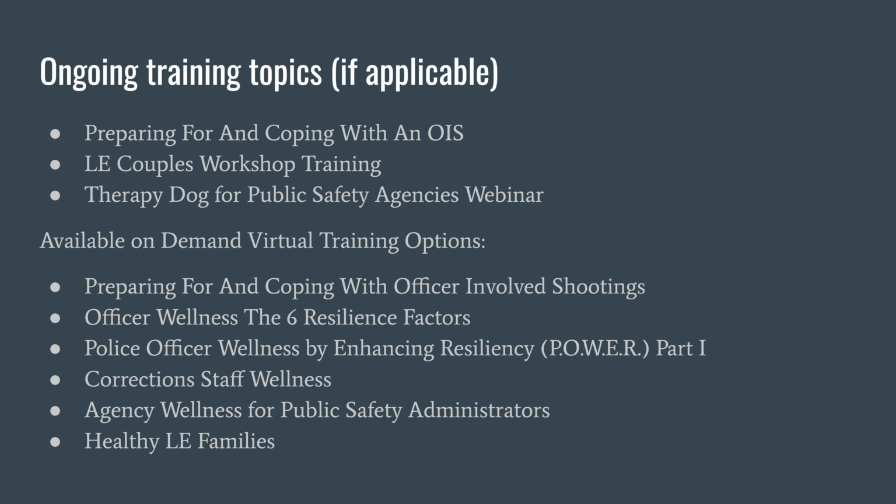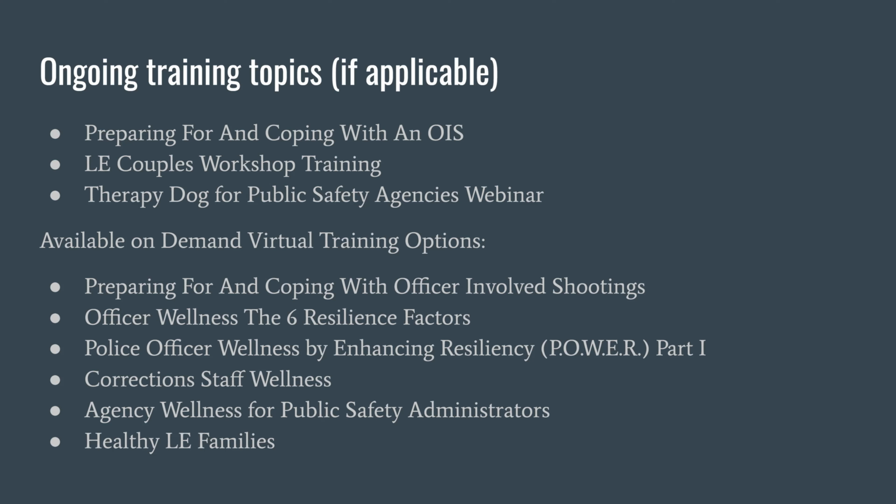I wanted to just mention here any other training topics you might be interested in. You've already, as part of this training, seen the law enforcement couples presentation. And so that's also an option on our website. And then preparing for and coping with an officer involved shooting is a training that's available on our website.